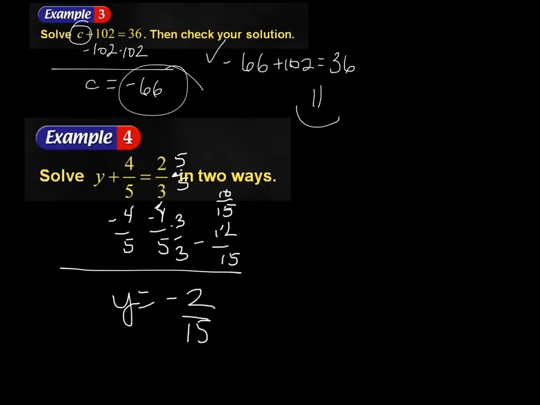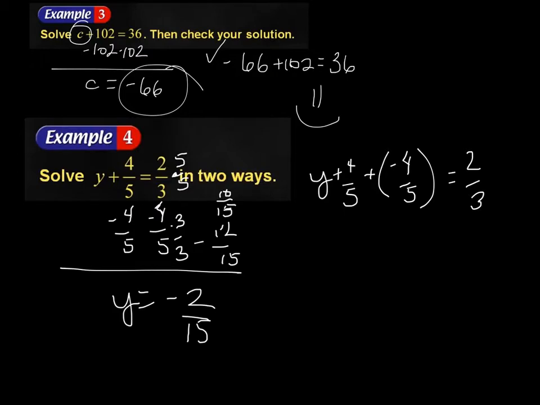The other way we could have handled this, instead of subtracting 4/5, we could have used the addition property of equality and added negative 4/5. My 4 is looking like a y.